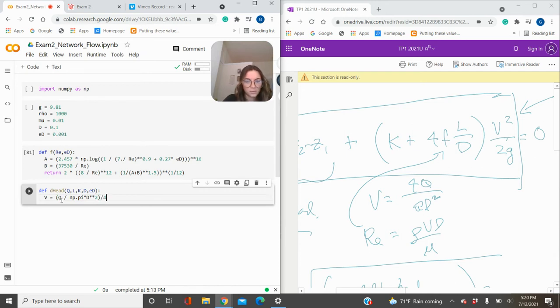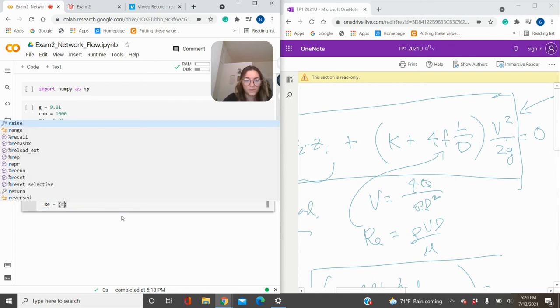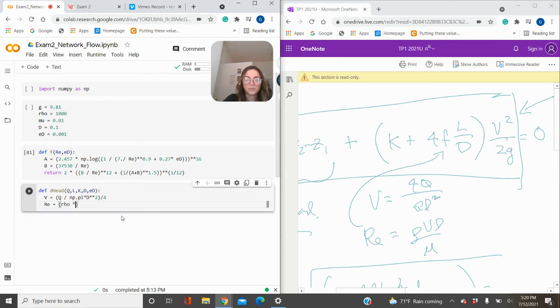And then Re, it's going to be rho times volume times diameter over mu, so we can just put mu.